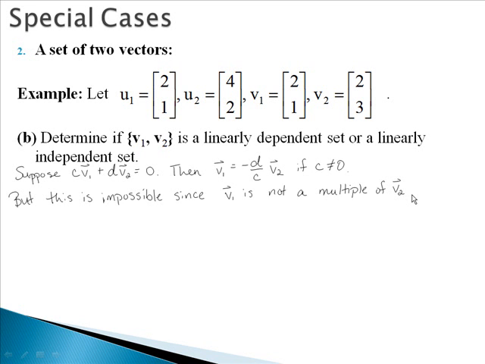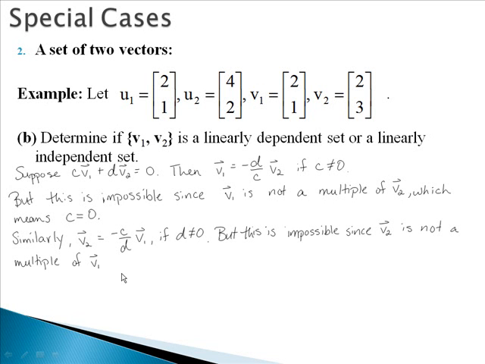But this is impossible since our vector v1 is not a multiple of our vector v2, which means then that c must be equal to 0. Similarly, we could have taken our original equation and solved for our vector v2 instead and gotten that it was equal to negative c over d times our vector v1 if d is not 0. But this is impossible since our vector v2 is not a multiple of v1, and so then d must be equal to 0.